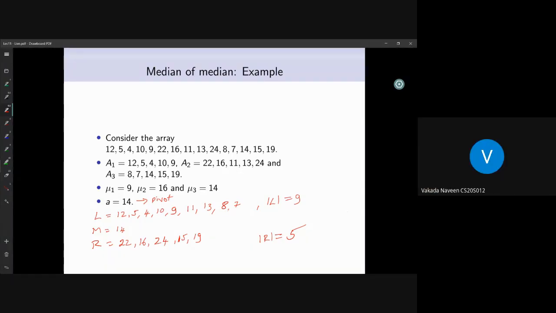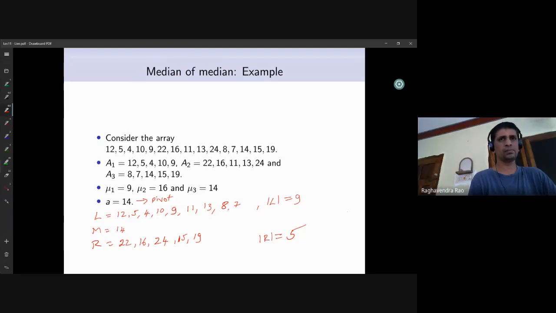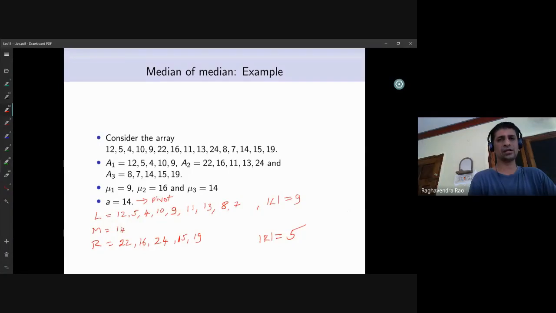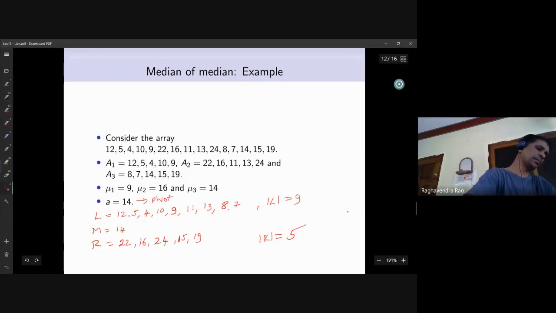Rank is 10, right? Size of L plus 1. So the rank of the median is 10. If K were 10, you'll just output in one shot. Else you'll recurse accordingly.